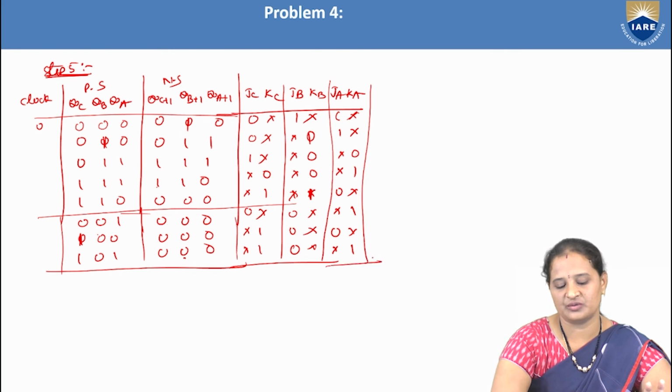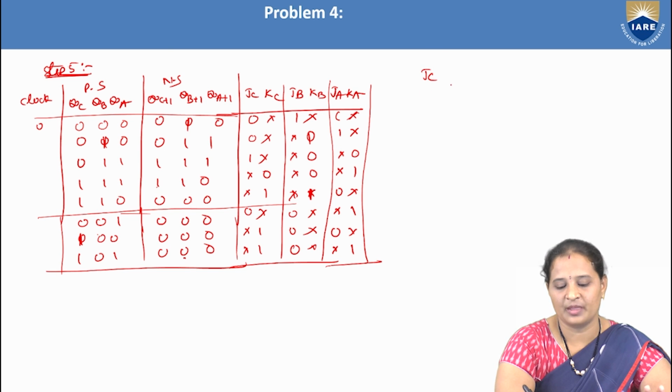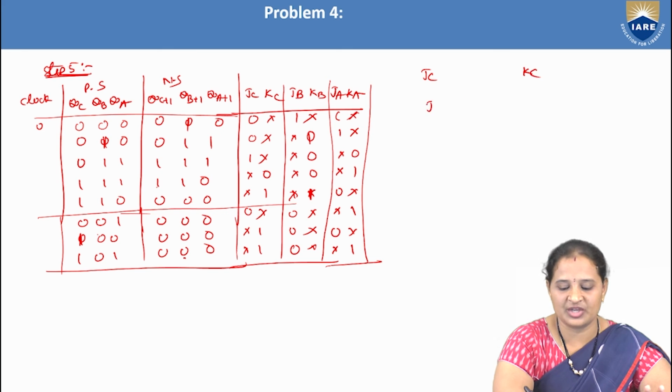So now by using the K maps, we can derive the equations for JC, KC, and JB, KB, and then JA, KA.